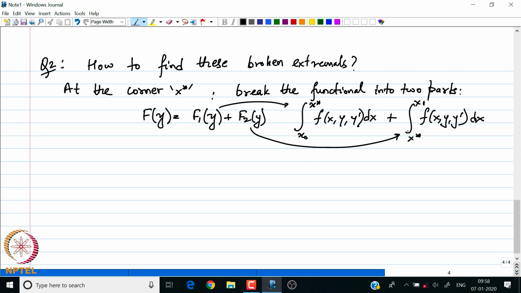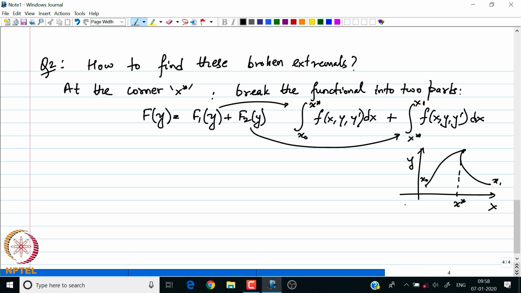Let me draw this figure. We are talking about a functional of this form, where this is my corner point. This is x0, this is my x1.